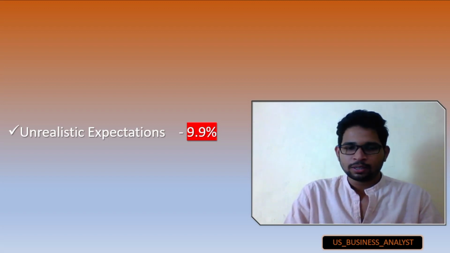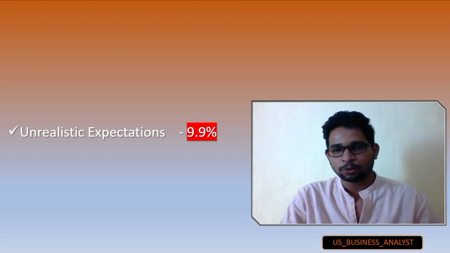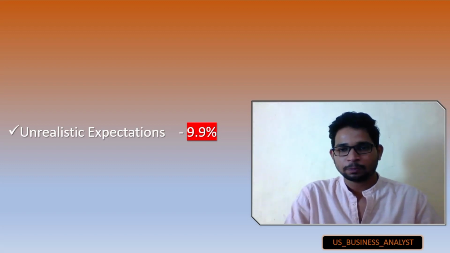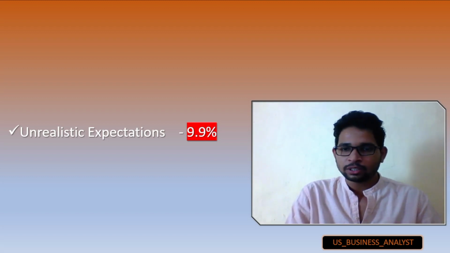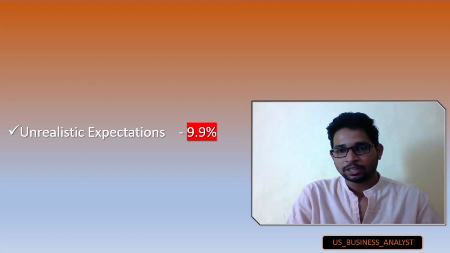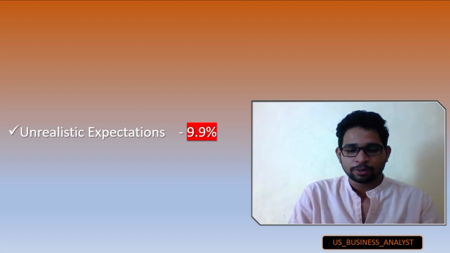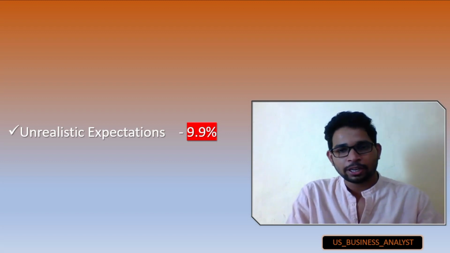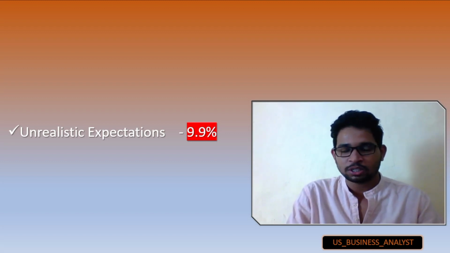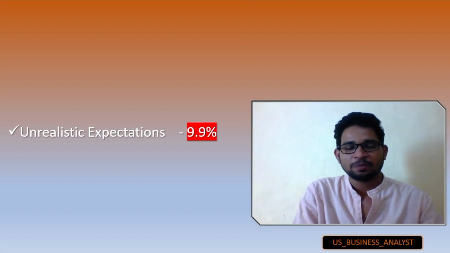We need to make sure what the stakeholders are expecting from the project, and whether that is possible or not. By analyzing the data and the business, we can easily tackle this 9.9 percent of unrealistic expectations, and we are helping towards project success again.